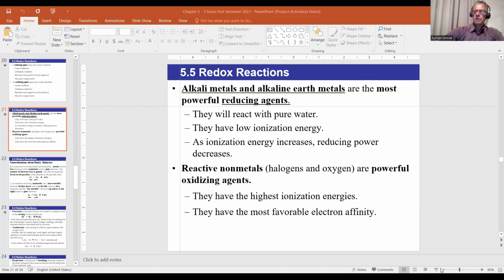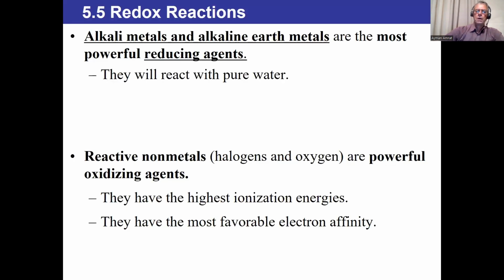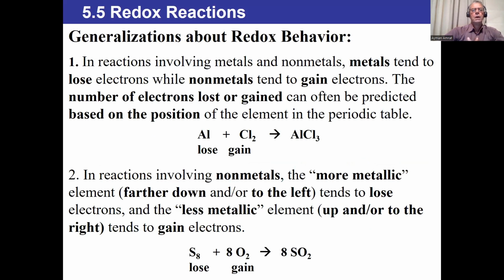A generalization about redox reactions. In reactions involving metals and nonmetals, metals tend to lose electrons while nonmetals tend to gain electrons. The number of electrons lost or gained can often be predicted based on the position of the element in the periodic table.